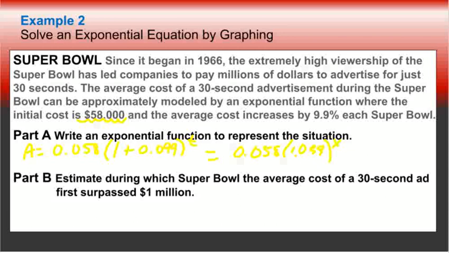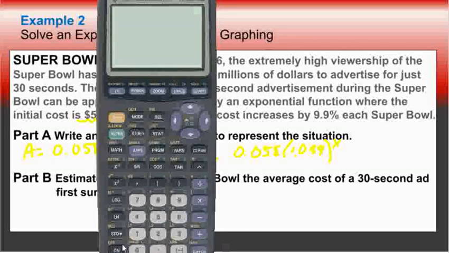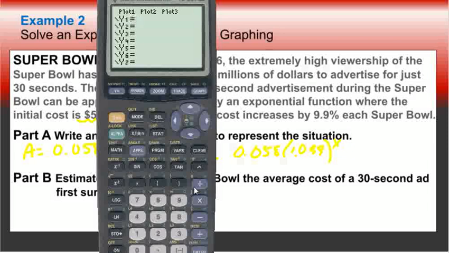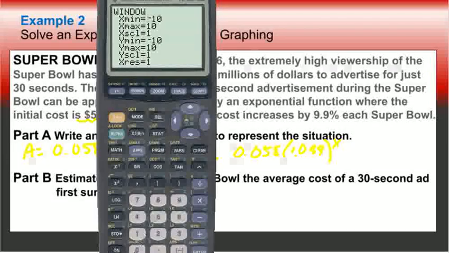So we put that in our calculator. Y equals, clear everything. We have 0.058 parentheses 1.099 end parentheses raised to the x power. Our Windows setting, just going to deal with positive numbers, so 0.